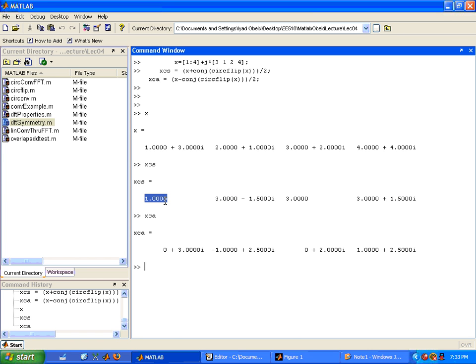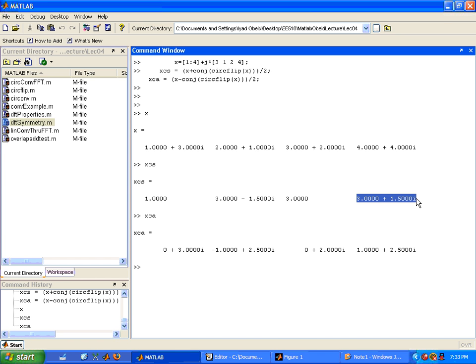That's just 1, no problem there. Now the +1 element is 3 minus 1.5i. So the -1 element is going to be the conjugate of that.